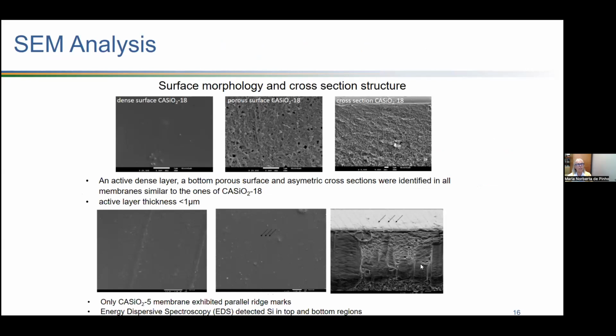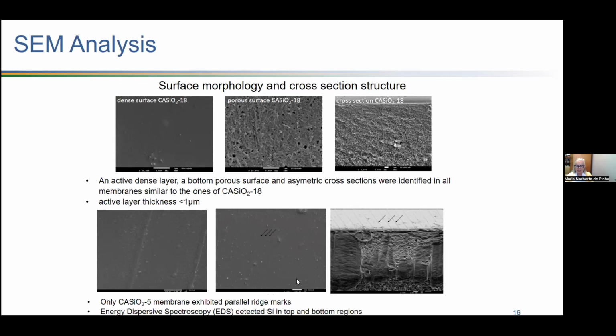Okay, so now about the morphology and the SEM analysis of the dense surface and of the porous surface, the porous support beneath the dense surface. What we see here with 5% of silica is that these membranes display on the surface stripes in a very regular mode.